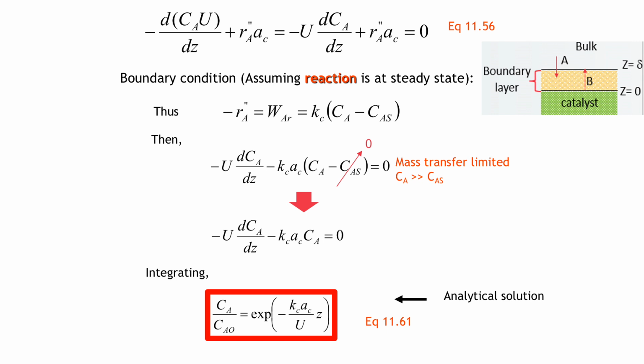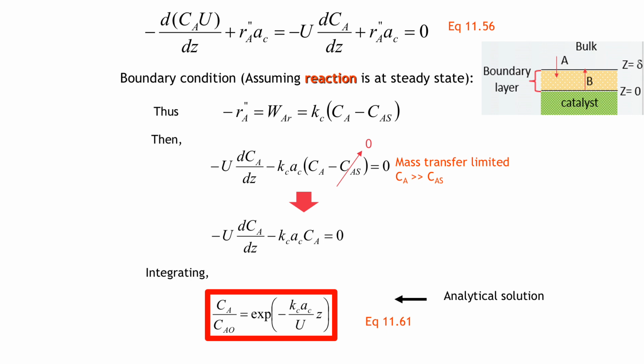The second boundary condition is that at the external surface of the catalyst, the molar flux is equal to Kc times (CA minus CAS), where the diffusion flux WA equals the convective transport across the boundary layer.